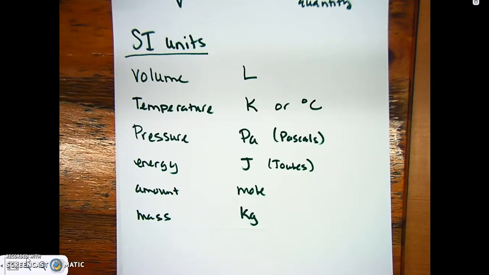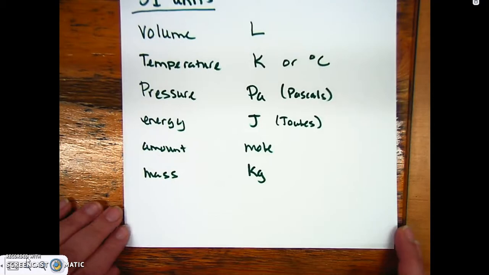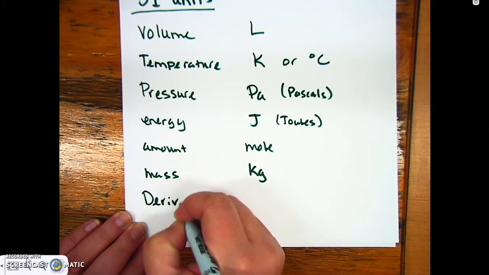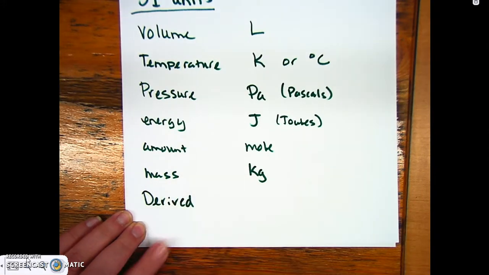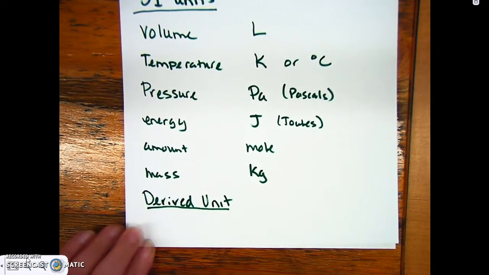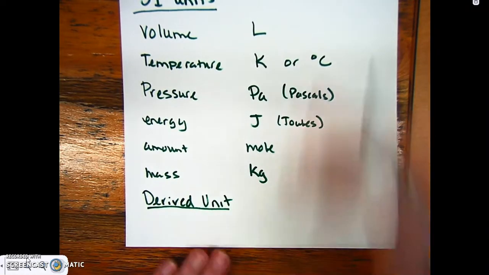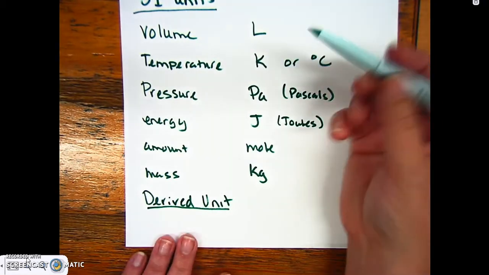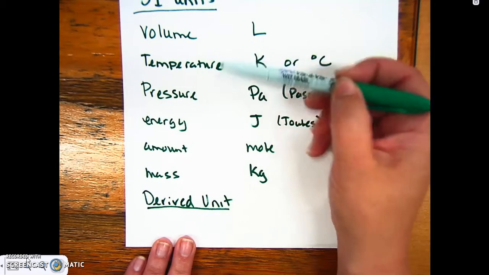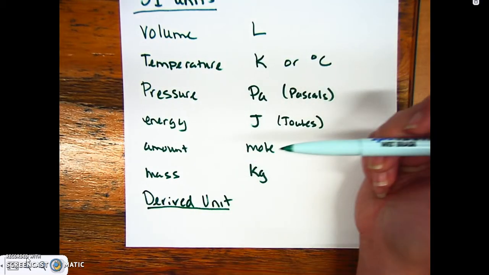All right, so I've mentioned a little bit about derived units, and we'll talk about them again. We already looked at a couple of derived units, and I'm going to talk about the two most important ones for Unit 1. A derived unit is just when you are comparing two units to define a physical property. So you're not using just one individual way of measuring things, but two measurements together.